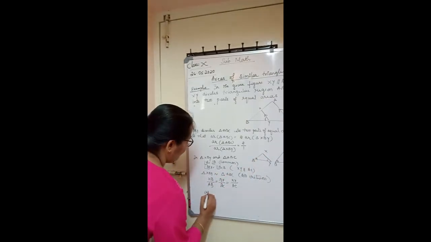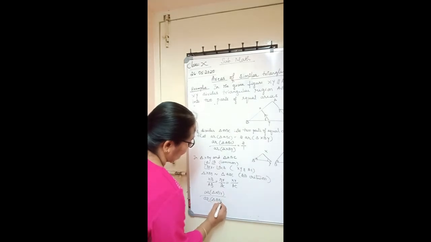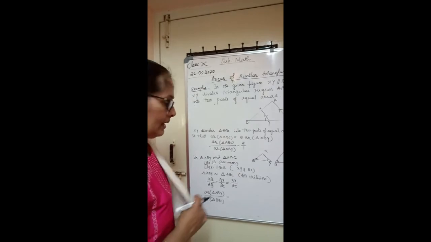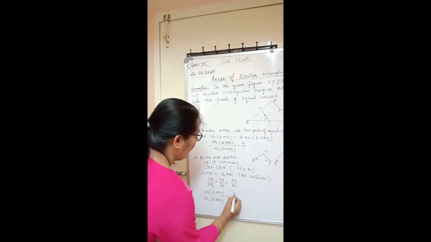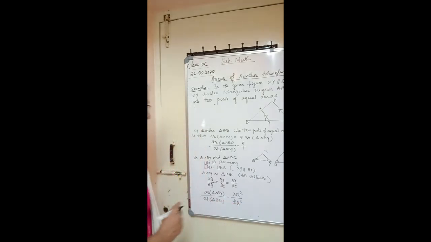So area of triangle XBY divided by area of triangle ABC is equal to the ratio of the squares of their corresponding sides, that is XB square by AB square.